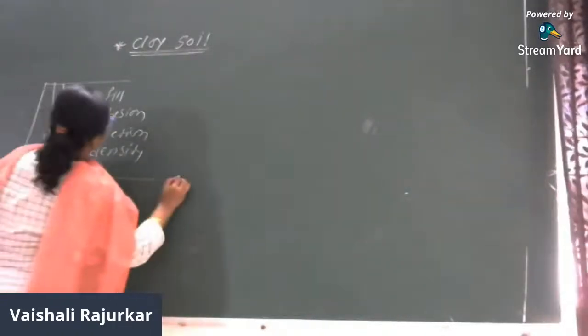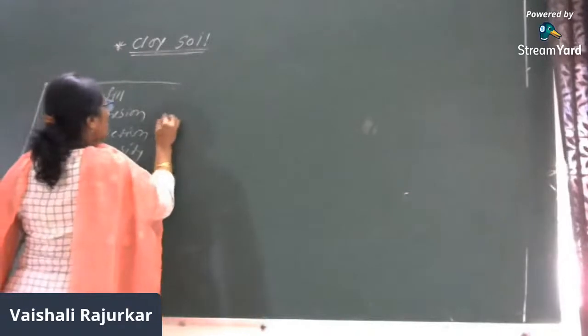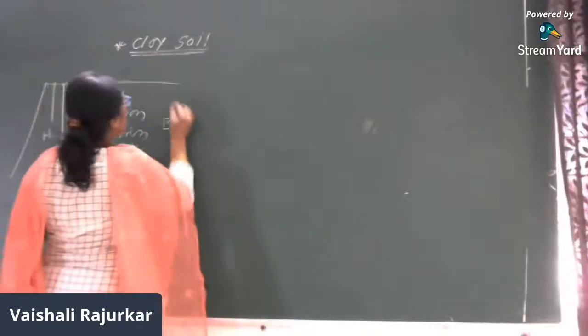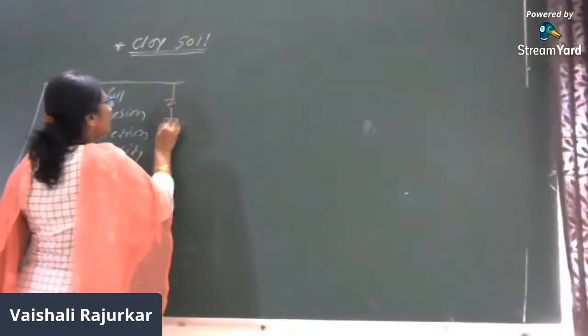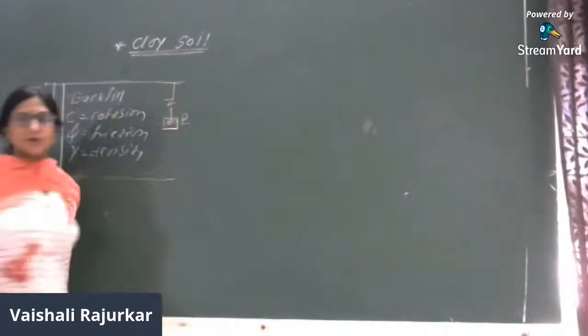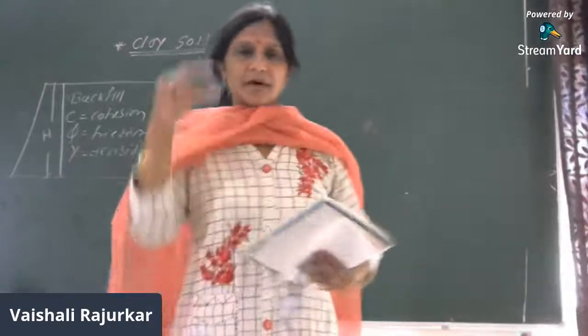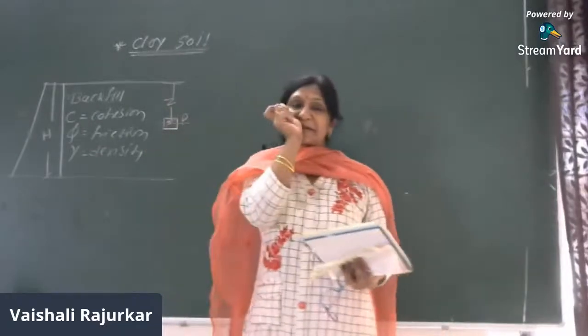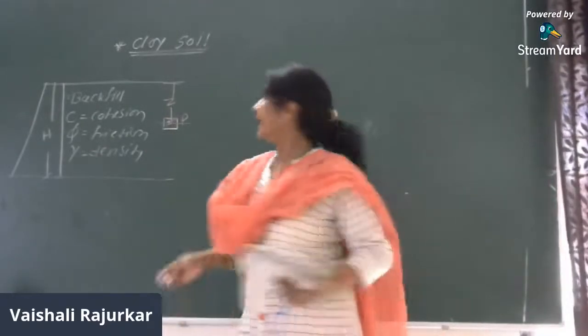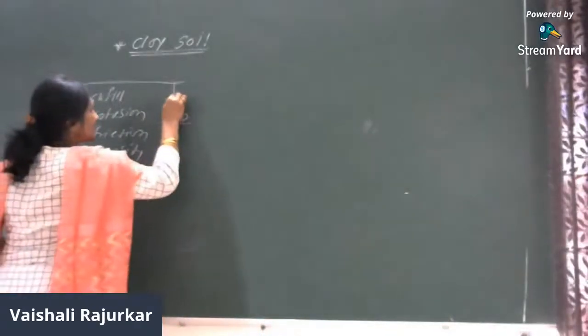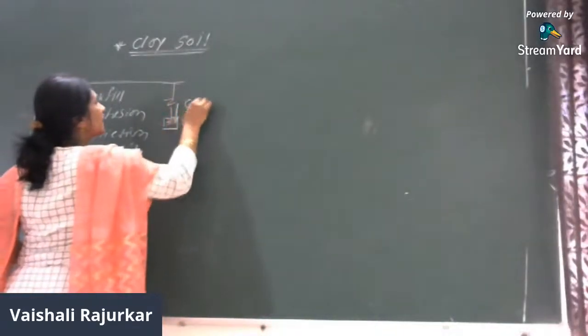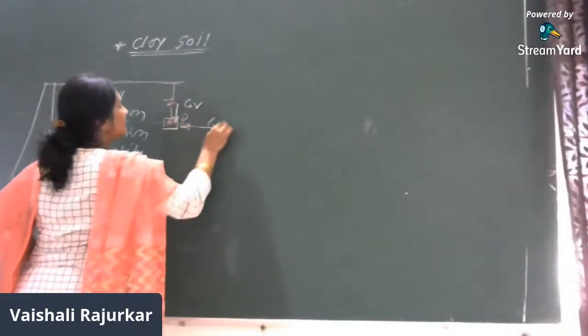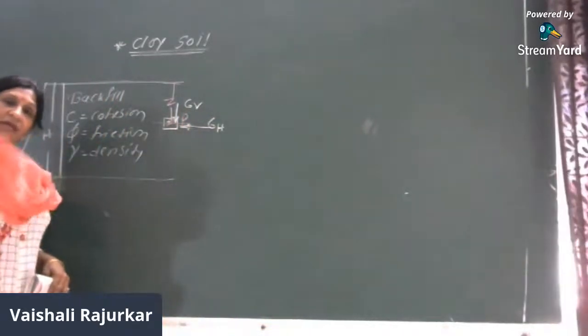Now here we will assume any point at a certain distance z from the top, and the point is assumed as P. So as we know, any mass below the ground level is considered at P. Naturally there will be two pressures acting over it: the vertical pressure, that is sigma V, and the other one is sigma H. Sigma V we have already discussed.